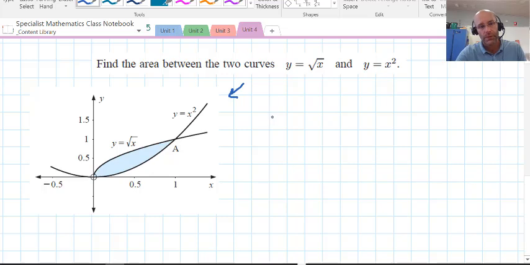So first of all we want to find the intersection points, where those two curves cross over. We want to know when root x equals x squared, and we're going to solve that. So what we'll do here is square both sides.